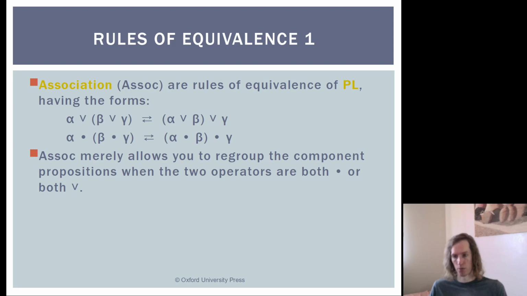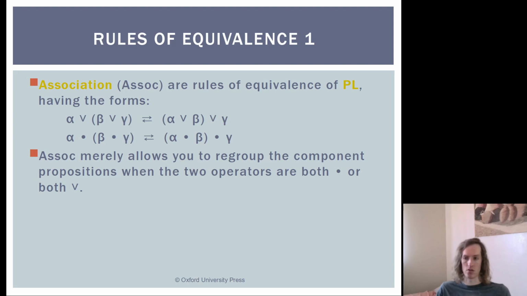So association allows us to regroup the propositions when they share a conjunction or a disjunction as their operator. Now this is commonly useful when, let's say, we started with the formula alpha and beta and gamma, and we wanted gamma on a line by itself. First we would have to apply association, and then we would get alpha and beta in parentheses and gamma, and then we could use simplification to get gamma by itself.